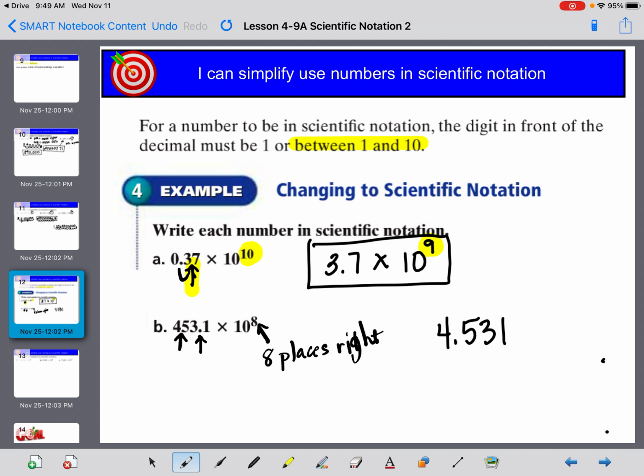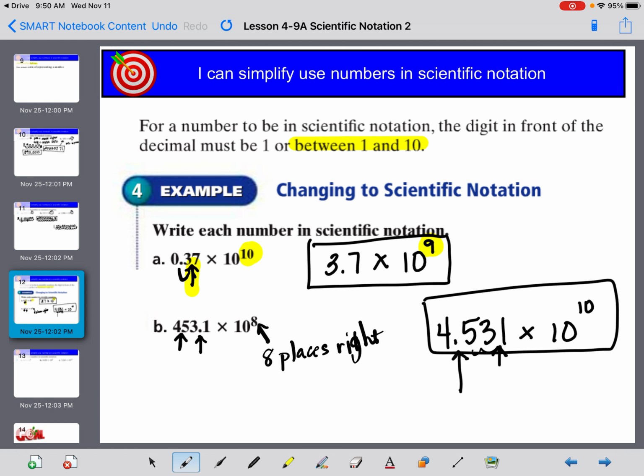Now remember, the way it was originally written, from here, I need to move it 8 places to the right. So how many places to the right do I need to move it if the decimal is supposed to be between the 4 and the 5? Hopefully you see that that's an additional 2 places. So my exponent needs to be 10 to the 10th.